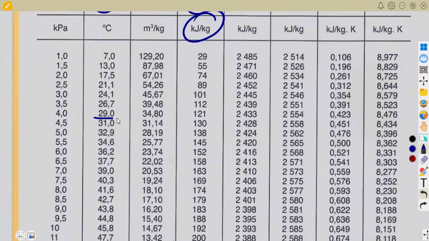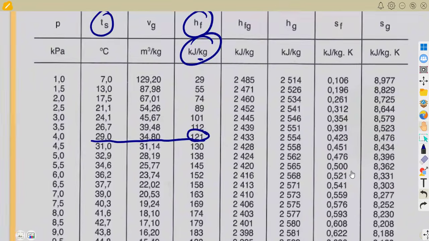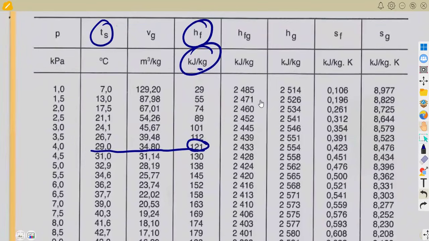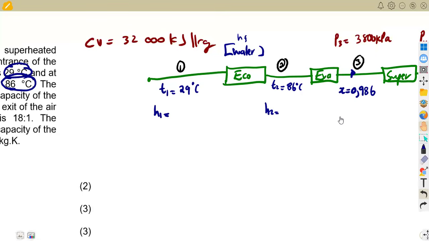As you can see, 29 is here, and the corresponding value for HF is 121 kilojoules per kilogram.